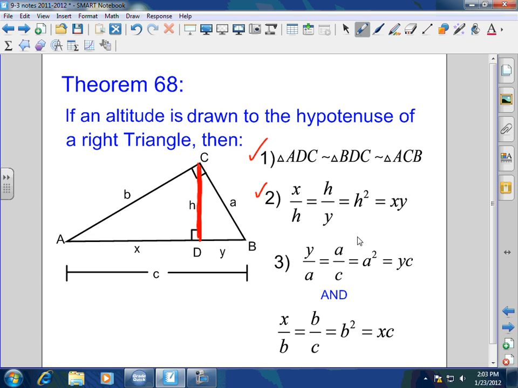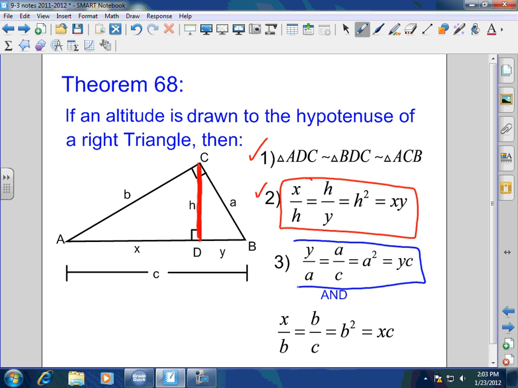In that case, for this guy, red was the shared side. For number 3, blue is the shared side. And for number 3, x to b equals b to c, green is the shared side.